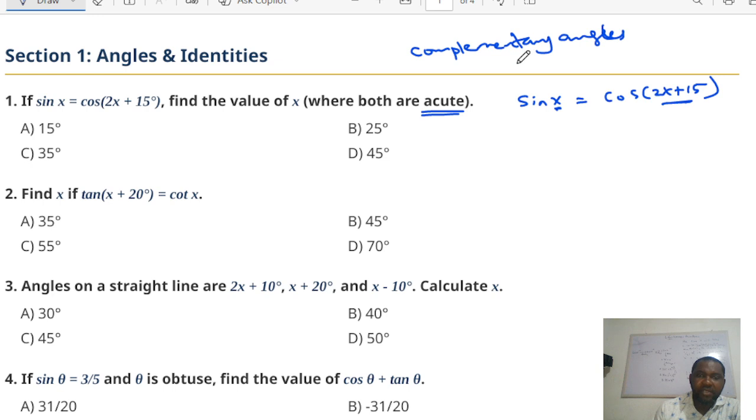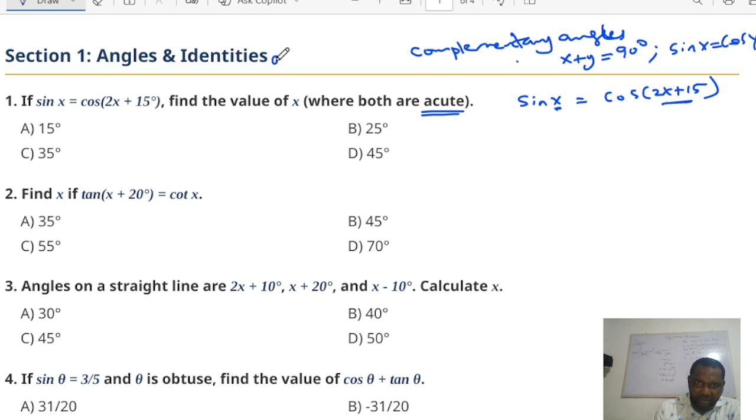So there are two ways to know that two angles are complementary. First of all, the sum of the two angles must be equal to 90 degrees. Secondly, the sine of one of the angles must be equal to the cosine of the other angle. You can try that with your calculator.